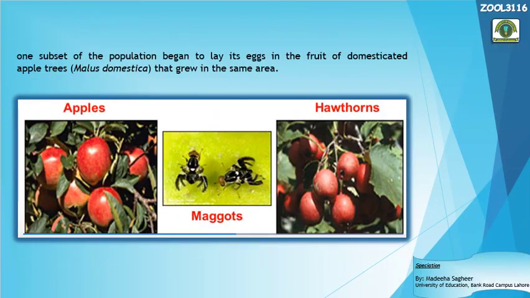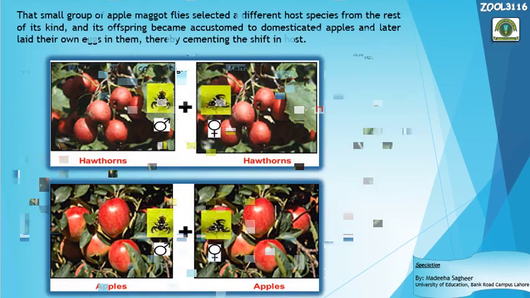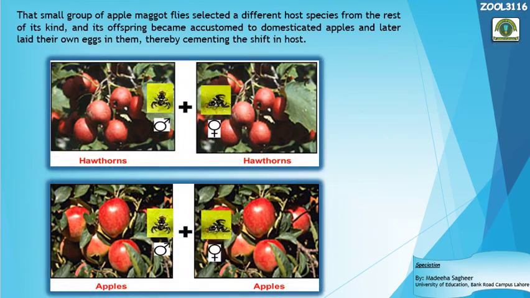Now, what happened with the passage of time? One small subset of the population of apple maggot flies started laying their eggs on apple trees instead of hawthorns. Here, there is a shift in the host.